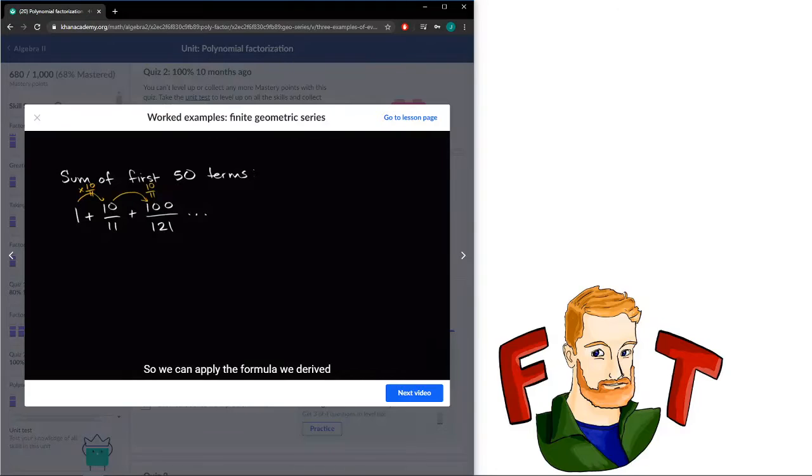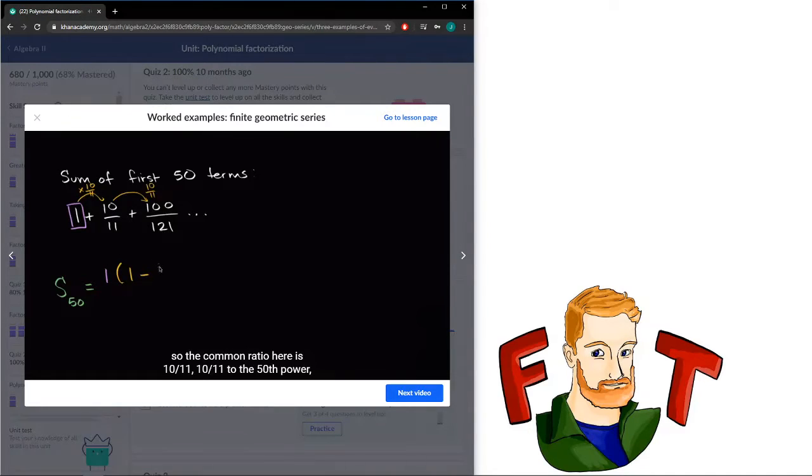So we can apply the formula we derived for the sum of a finite geometric series. And that tells us that the sum of, in this case, the first 50 terms is going to be equal to the first term, which is 1, times 1 minus the common ratio.